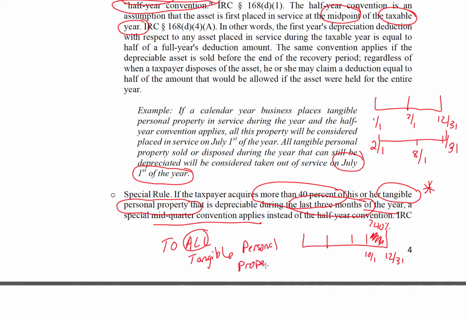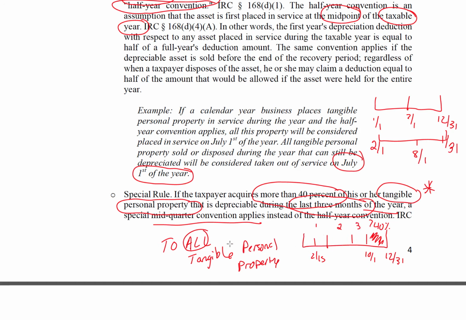So you have to look at the middle of each quarter that's placed in service with respect to those assets. So if you had some property placed in service in the first quarter, well, halfway through the first quarter is February 15th. So those assets that are in quarter 1, right? This is quarter 1, this is quarter 2, quarter 3, and we have quarter 4, right?